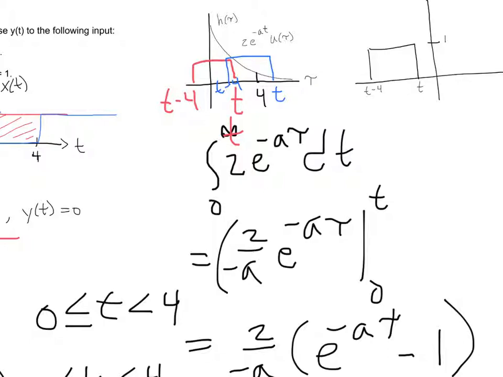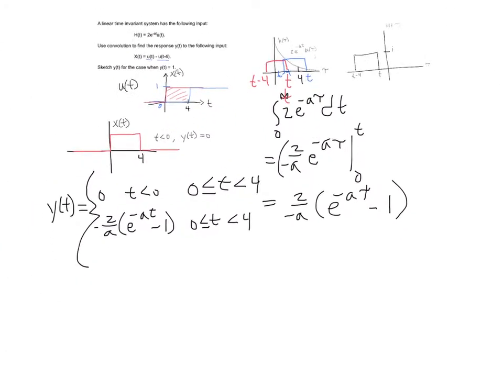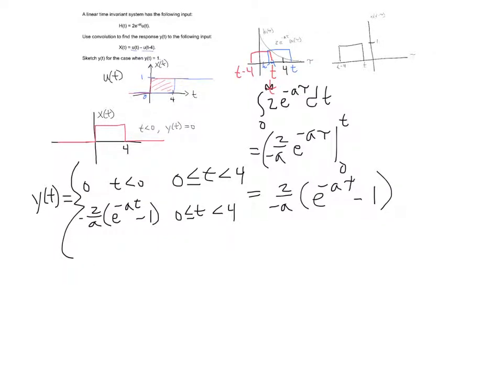Okay, so let's zoom out and let's integrate that. Let's write the integral for that. So we've got t minus 4 to t for 2e to the negative a tau d tau.